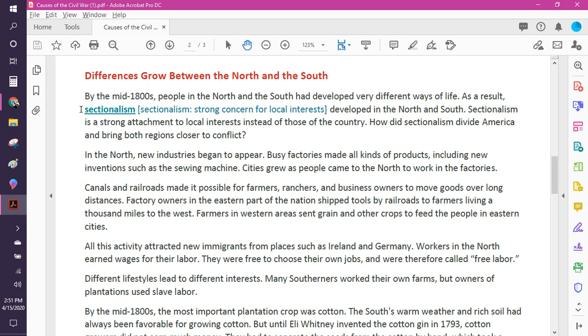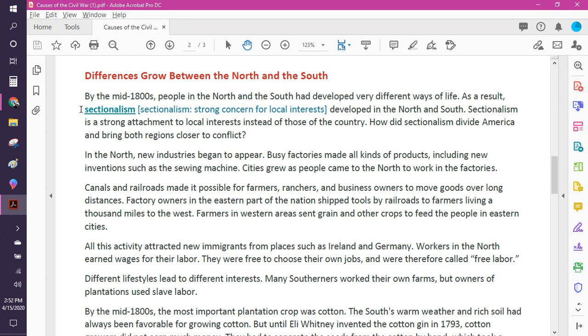You're not thinking about how it's going to affect everyone else in the country. And this really began to divide between what was good for the nation and what was good for the South. So you had the North believing what they thought was good for the entire country, and then you had the South, what they believed as being good for them, and the economy as a whole nation would eventually flourish.